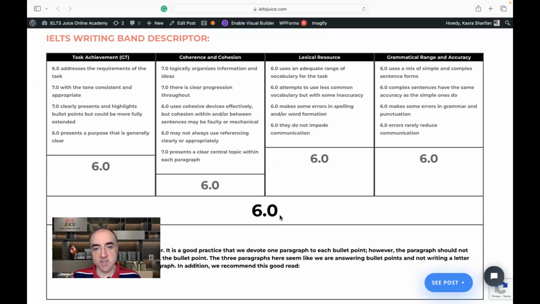So yes, you also saw the errors. The requirements of the task were addressed, but the tone could be more... The tone was consistent, but not, I mean, appropriate, yeah, but not in all circumstances.